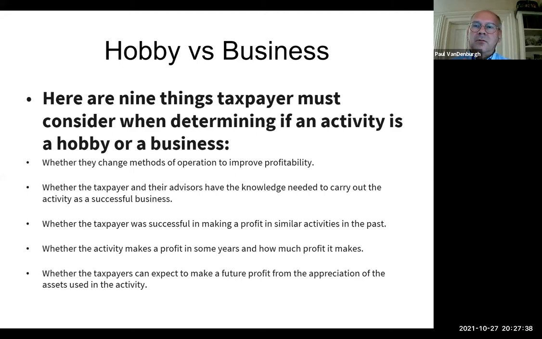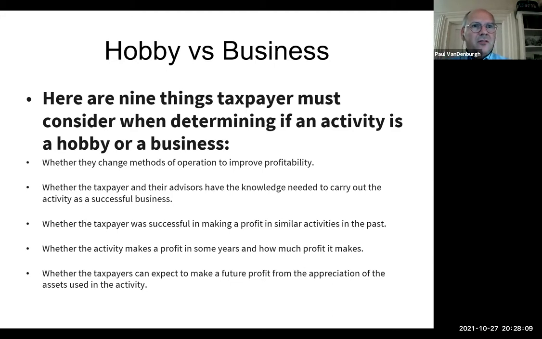I think I mentioned before whether the activity makes a profit in some years and how much that profit was, whether the taxpayers can expect to make a future profit from the appreciation of the assets used in the activity. Appreciation is something that is not going to show up on a tax return. It's an increase in the value of the assets. You're only going to show appreciation when there's an eventual sale.